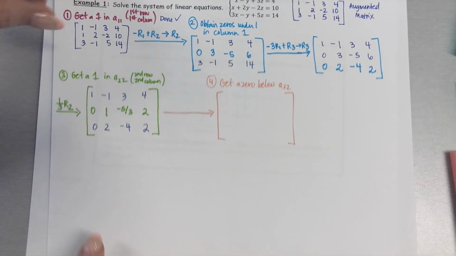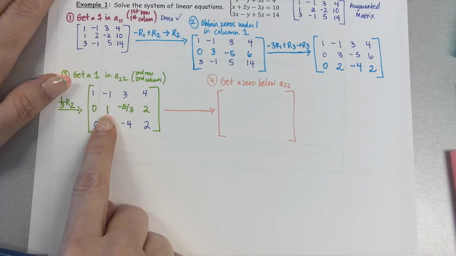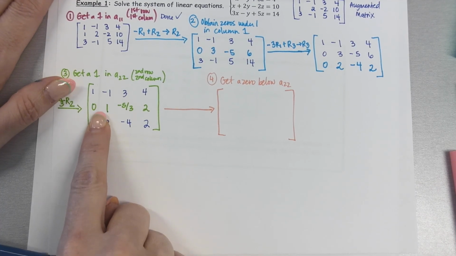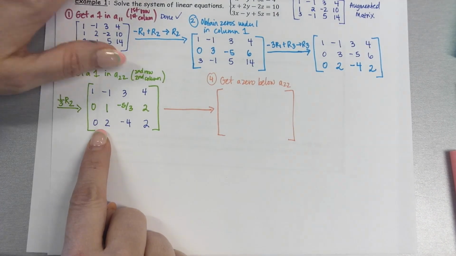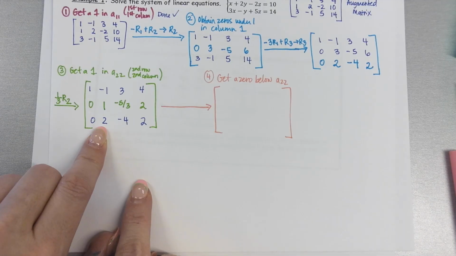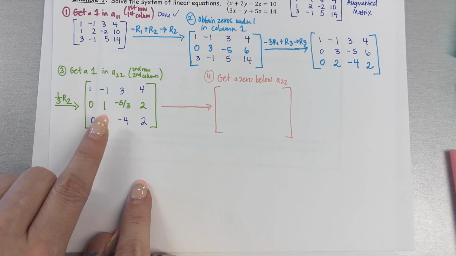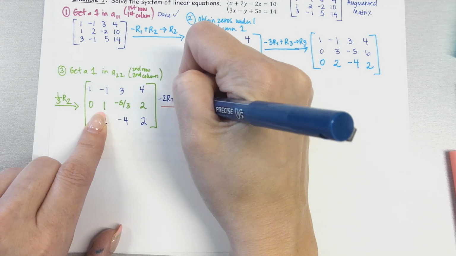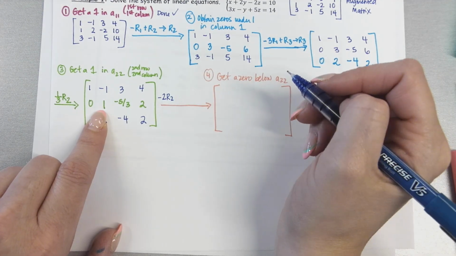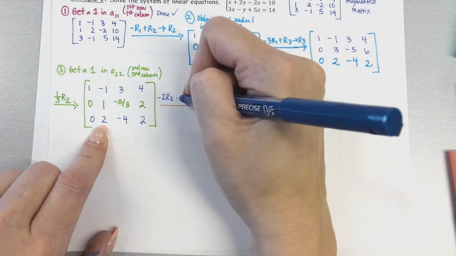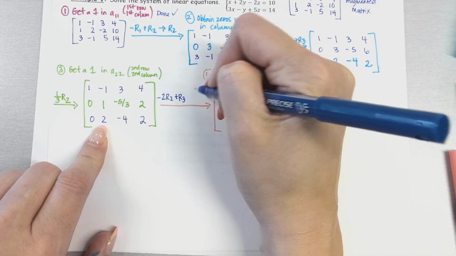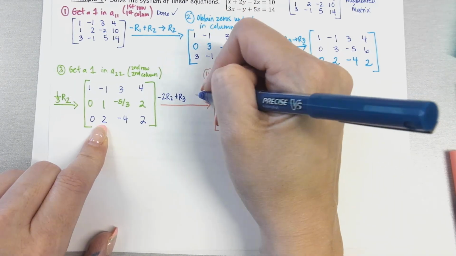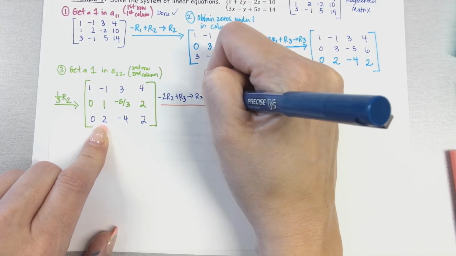Once you've gotten this 1, you want to use it to help you get this to be a 0. So we're going to multiply by the opposite so that this is a 0. If this is 2, I want this to be negative 2. So we're going to do negative 2 times row 2, and then add that to row 3. That's going to be our new row 3.